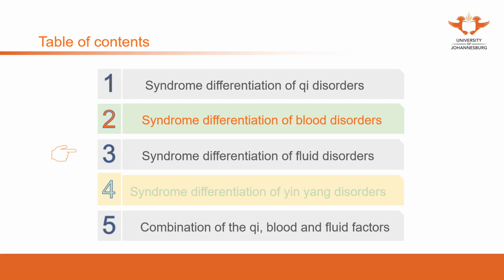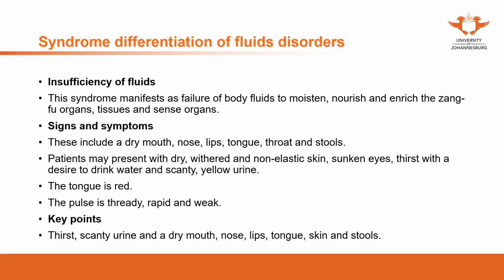Next, we're going to talk about fluid disorders. Fluid disorders also can be divided into two categories: deficiency and excess. When we talk about the excess, it will be different types of fluid, and we're going to name them specifically.